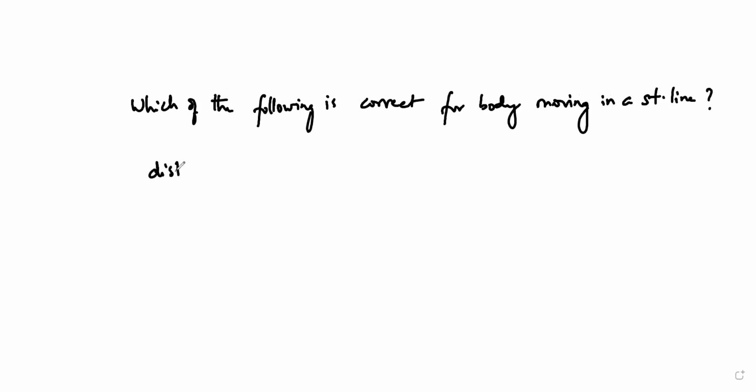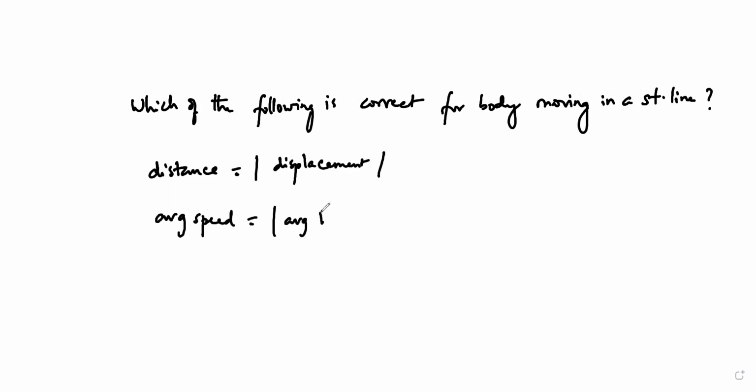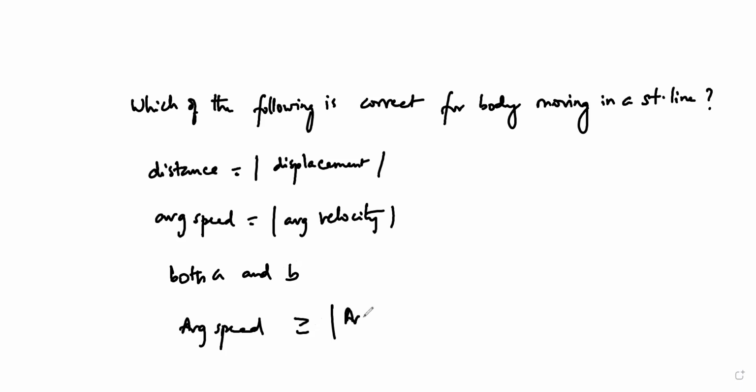Options are: distance equals modulus of displacement, average speed equals modulus of average velocity, both A and B, average speed is greater than or equal to modulus of average velocity.